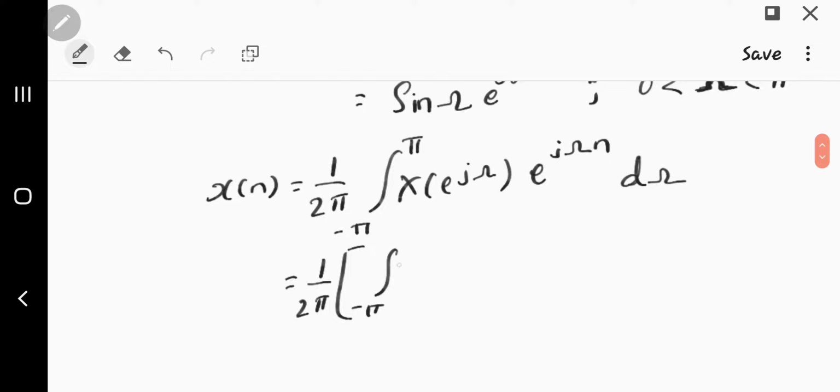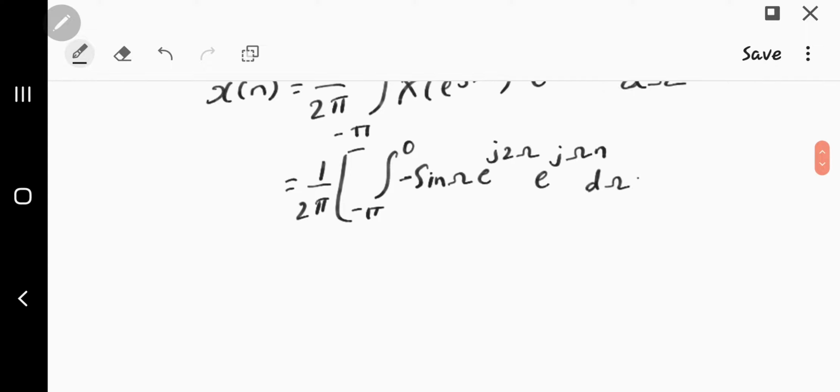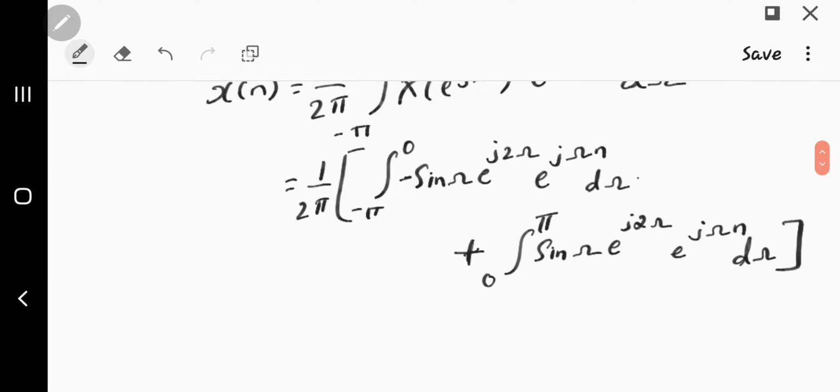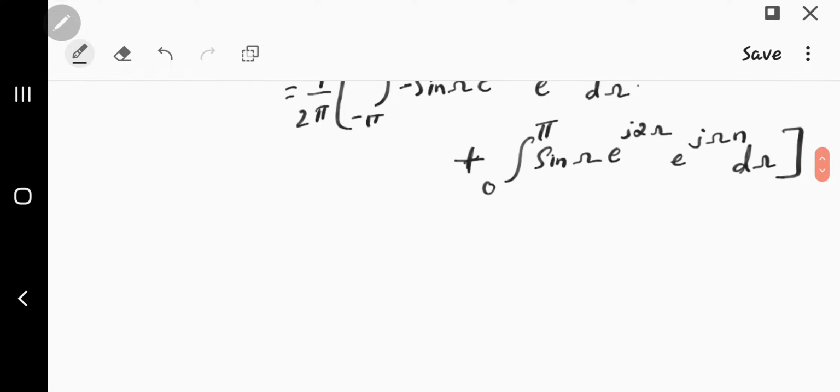From minus pi to 0, we have minus sine omega e power j 2 omega and e power j omega n d omega, plus integral from 0 to pi of sine omega e power j 2 omega into e power j omega n d omega. Now this is what our x of e power j omega is.